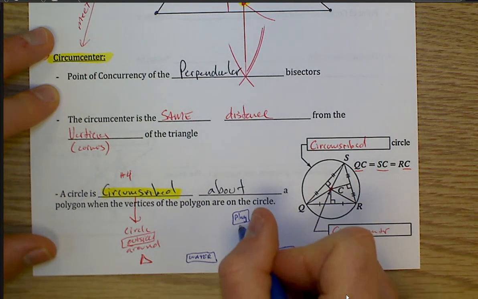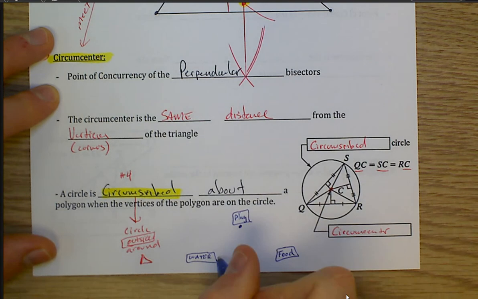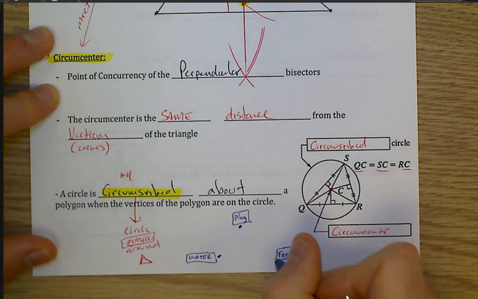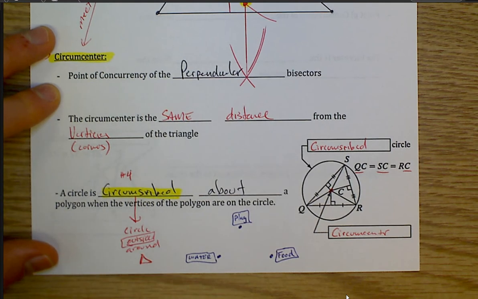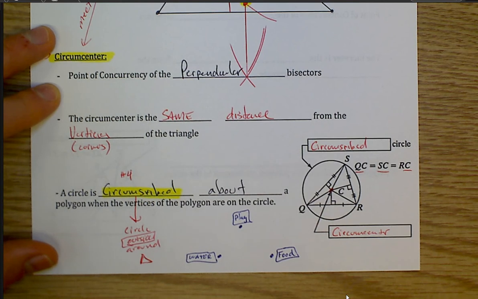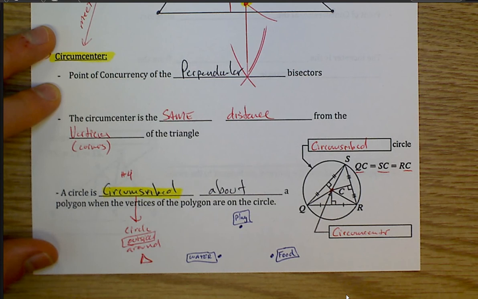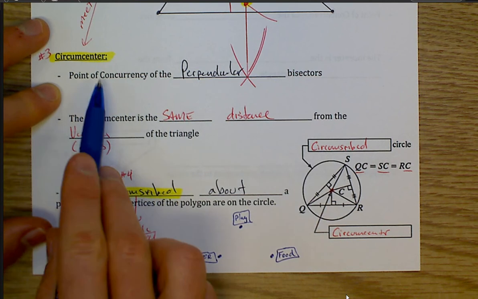So I'll put a dot here for the playground, here's a dot that represents the water station, and here's a dot that represents the food. And your job as a city planner is to place a picnic table or picnic tables or a seating station for people to sit at right in the middle of all 3 of these, so you can kind of be in the center of the action. The question would be, what type of point of concurrency would you want?